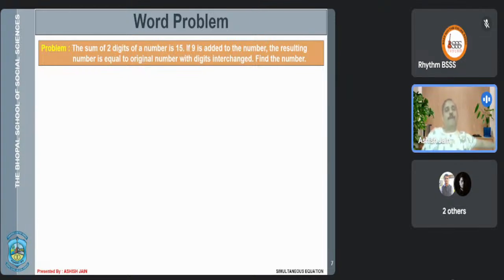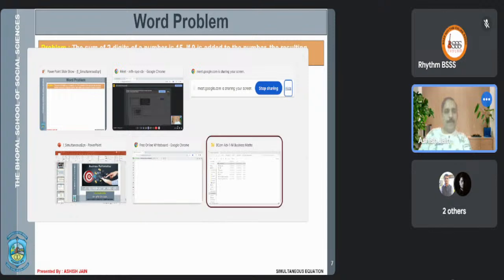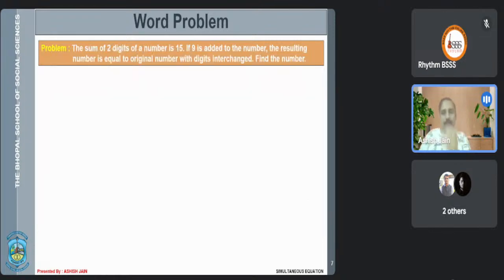The sum of two digits of a number is 15. It is given that if 9 is added to the number, the resulting number is equal to the original number with digits interchanged. Now look carefully at what is happening.